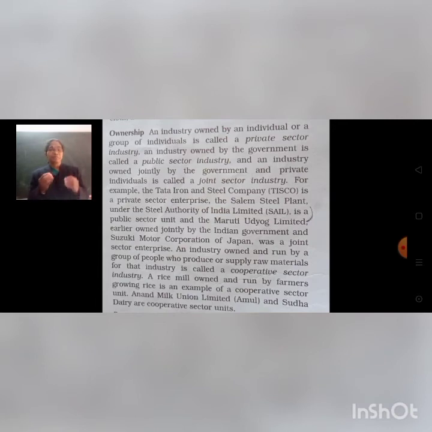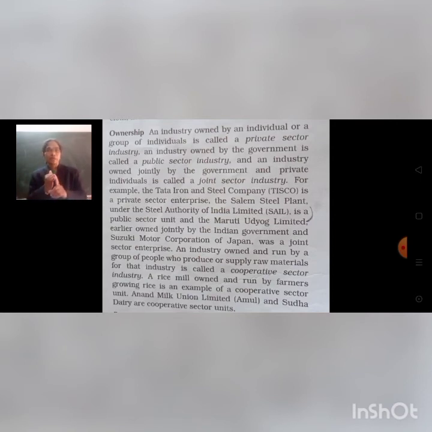And an industry owned jointly by the government and private individuals is called a joint sector industry. So there are three types: private sector industry, government sector industry, and joint sector industry.